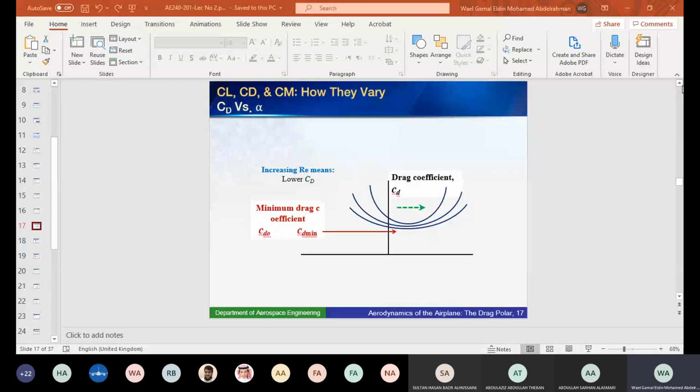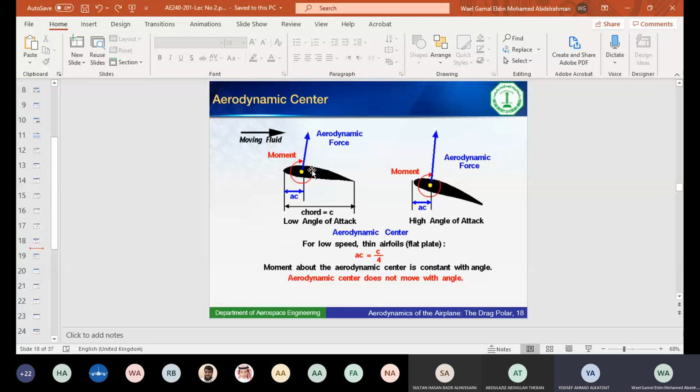Yes, doctor. The aerodynamic center is the point where the moment coefficient doesn't change when the CL changes. Perfect. Okay, so the aerodynamic center in here is a point about which the moment does not change with the angle of attack. Not changes in general, because it will change if the aircraft slows down.